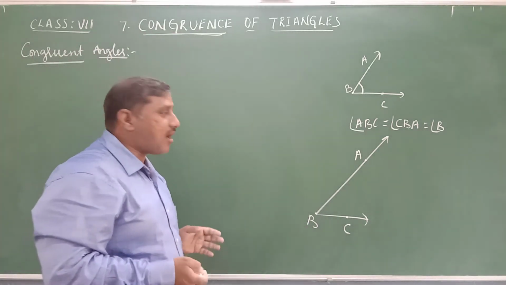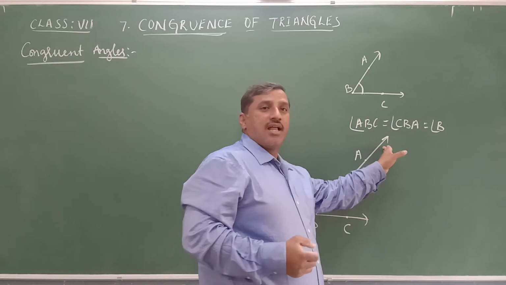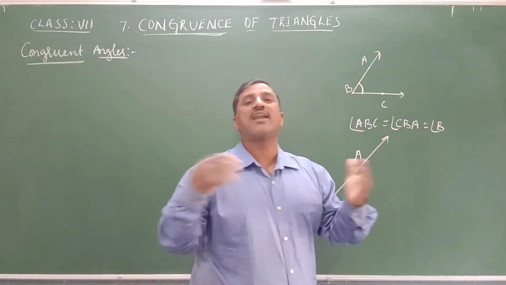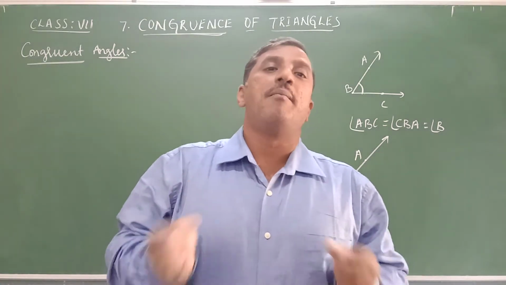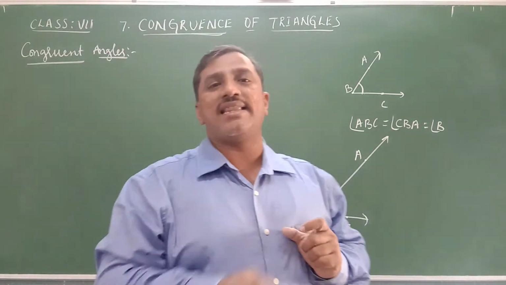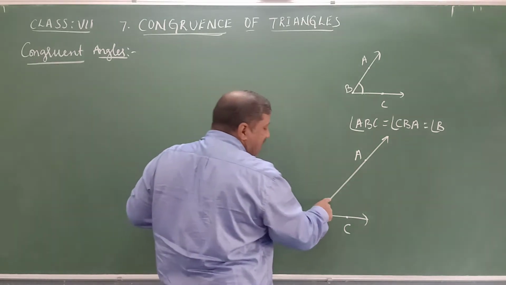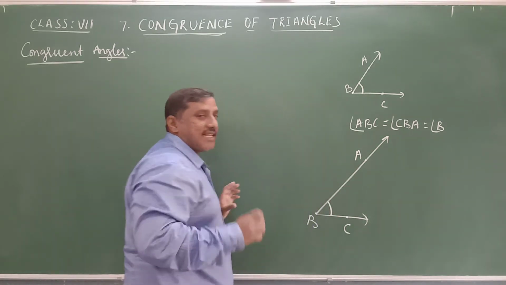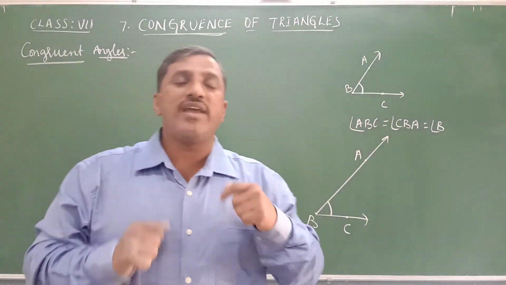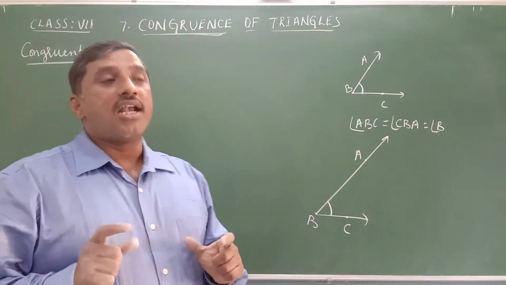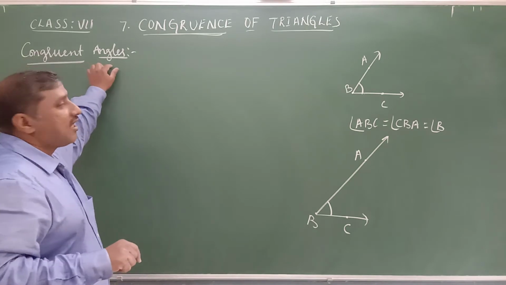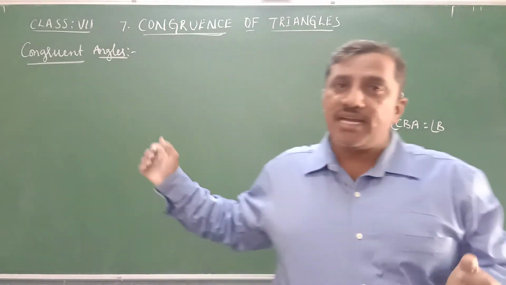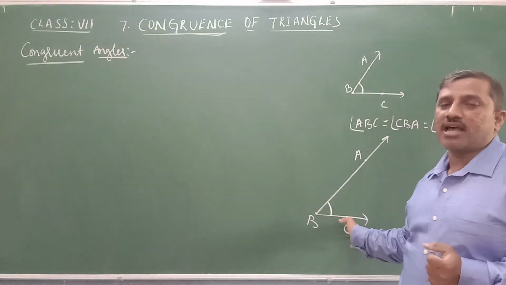No, not at all, because a ray extends endlessly in one direction, so you cannot find its length. But we can measure the size of the angle. That is nothing but the measurement. We can measure angles. Now what are congruent angles? As I told, congruent figures have the same size and shape. Here the shape is also the same, angles have the same shape.